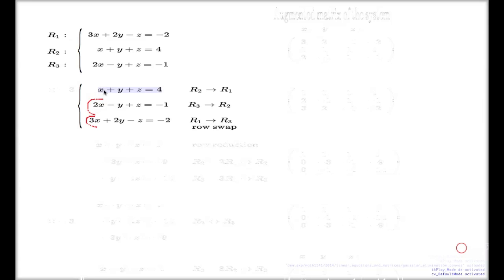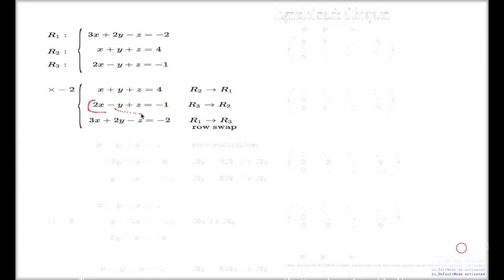Because what I can do now is multiply the first equation by -2 and add it to the second one. If I do this row reduction or equation reduction, then that will vanish the coefficient next to the x.